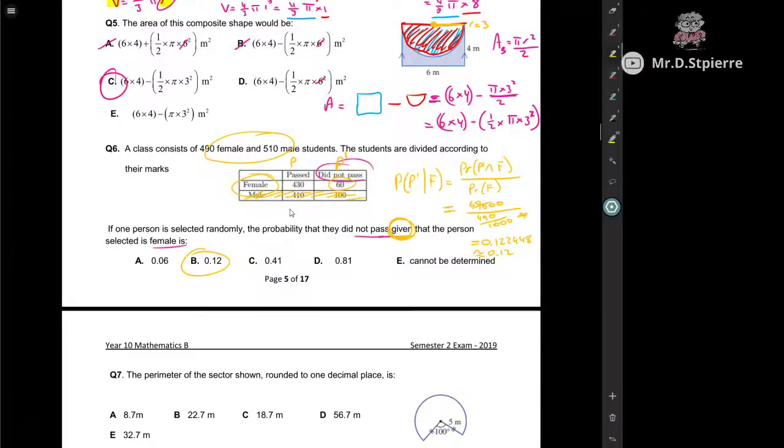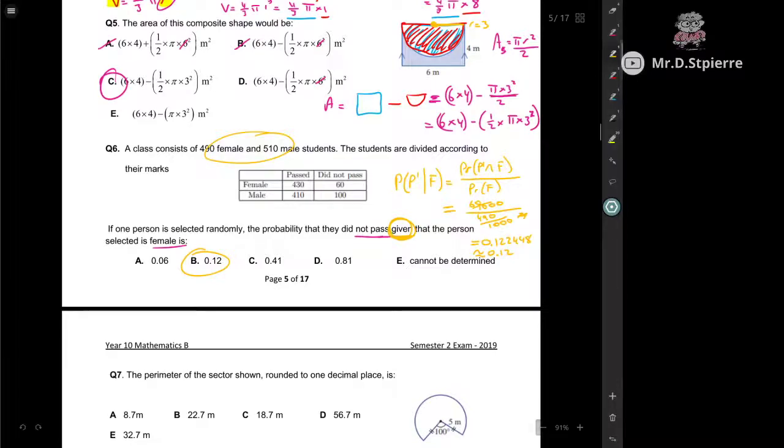So that's using the formula. We can also do this by interpreting the situation, interpreting the table. Like I said, because we've got this word given here, I'll do some erasing to explain how to do this the other way. We're asking what's the probability that they did not pass given that the person selected is female.